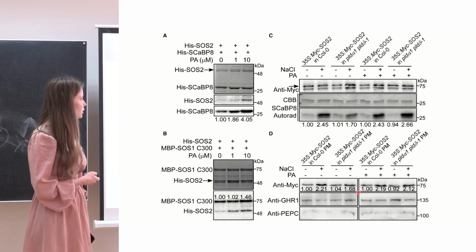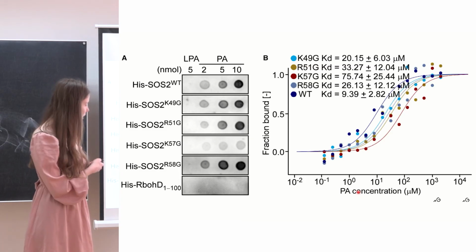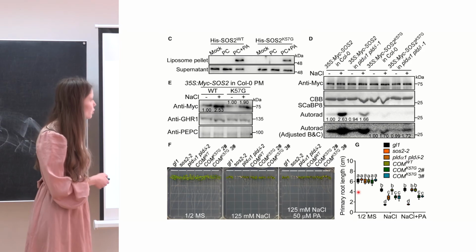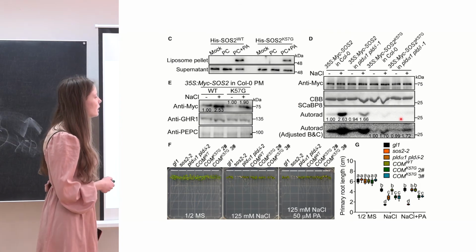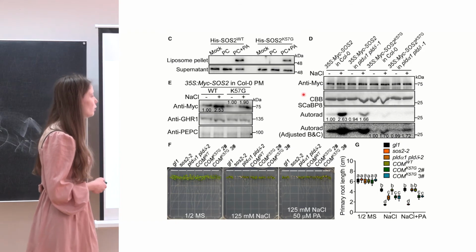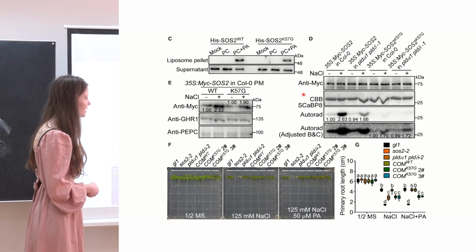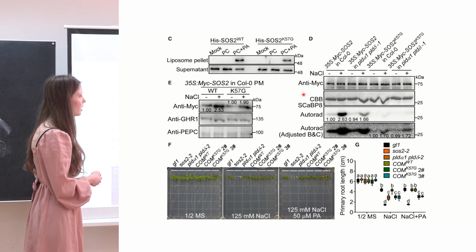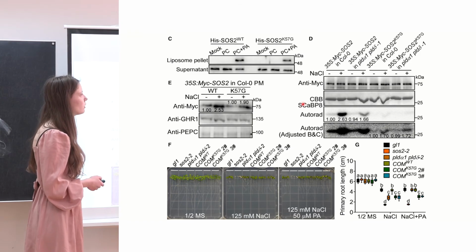Перейдем дальше тогда? Да, конечно. Эту картинку мы уже обсудили. И здесь мы еще не обсудили рисунок под цифрой D, который показывает, как изменяется фосфорилирование СК-БП8 белка в зависимости от условий.